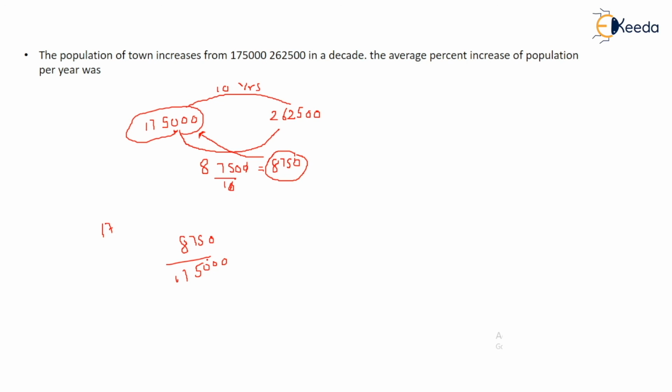After doing this, you will get the percentage increase per year. You will get 0.05. Now you have to make it a percentage, so multiply by 100. Then you will know that the average increase in population is 5%. Thank you.